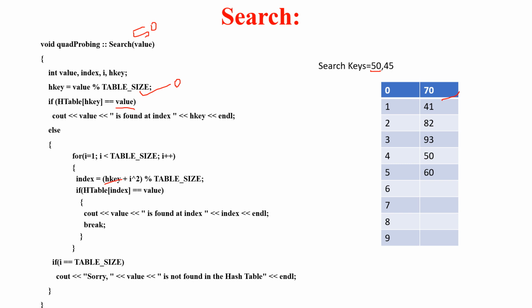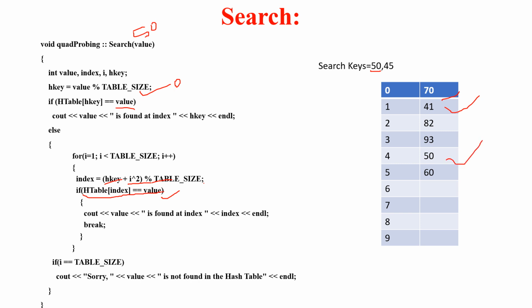Then check whether table of first index is having 50. No, the first index is also not having 50, it's 41. Then what will you do? Increment i value. Now i became 2. Then h of k value is 0 plus 2 square, that becomes 4. 4 modulus 10, what will you get? 4th index. Now check whether table of 4th index is equal to 50.